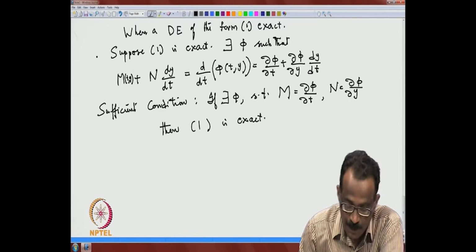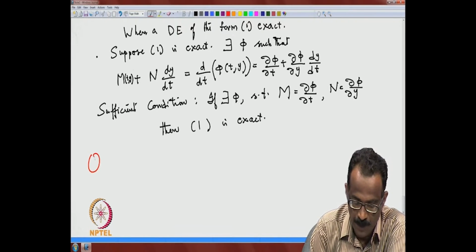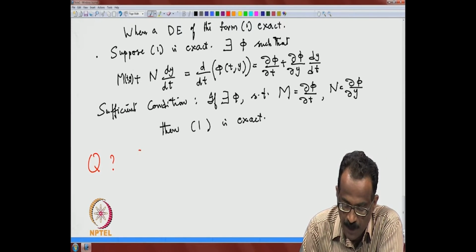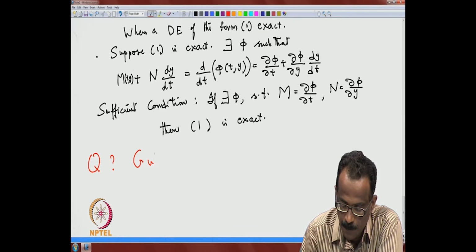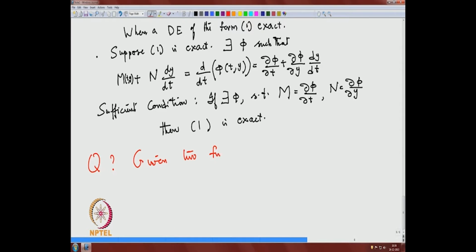So, we want to pose the question now in this form. Given 2 functions M and N in 2 variables, M and N are functions of 2 variables in a domain in the ty plane, N equal to N(t, y).